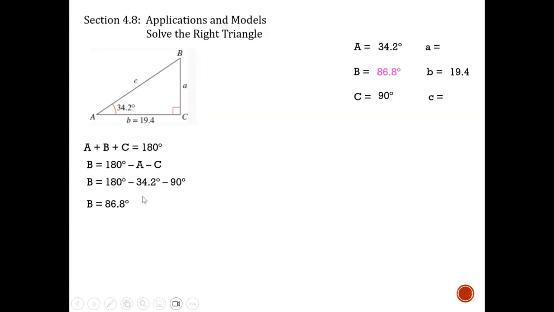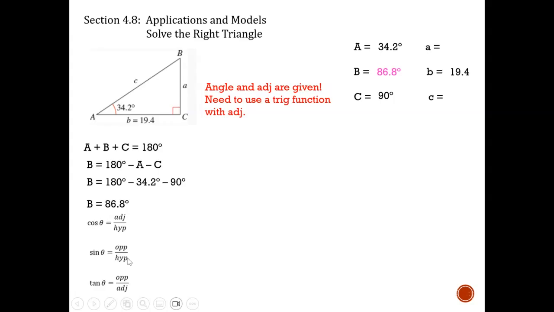So this is the answer for angle B. Now, how do we solve for little a? Let's see what's given to us. The angle and the adjacent side are given. So we need to use the trig functions with adjacent. We cannot use sine because sine doesn't have adjacent. We have to use cosine or tangent.